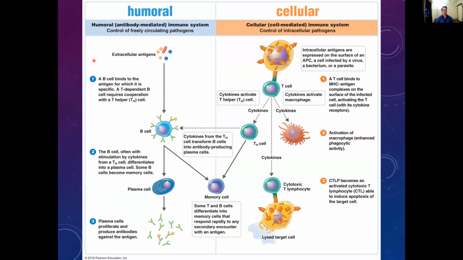The humoral immunity, also called antibody-mediated immunity, is directed at freely circulating pathogens and is dependent on B cells, whereas cellular immunity, or cell-mediated immunity, is dependent on T cells, which you can see over here. They depend on these T cells to eliminate intracellular pathogens, reject foreign tissue recognized as non-self, and destroy tumor cells.